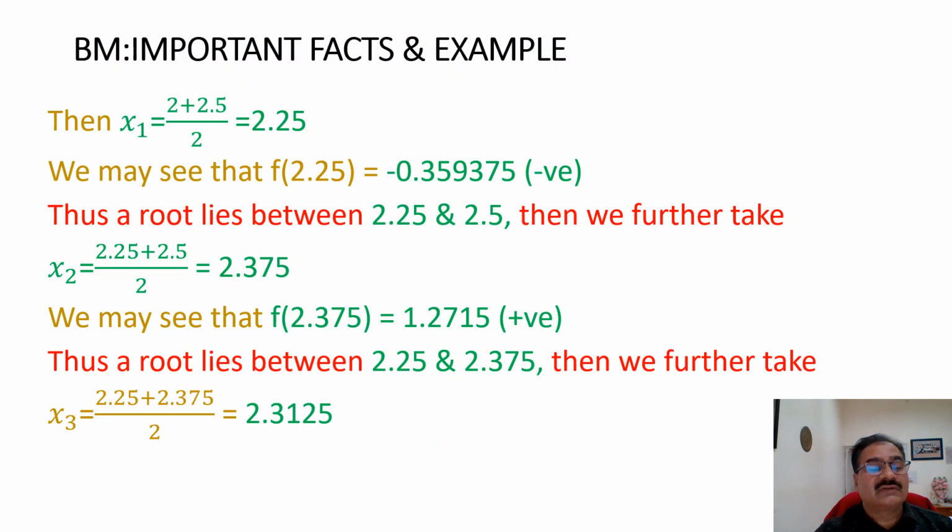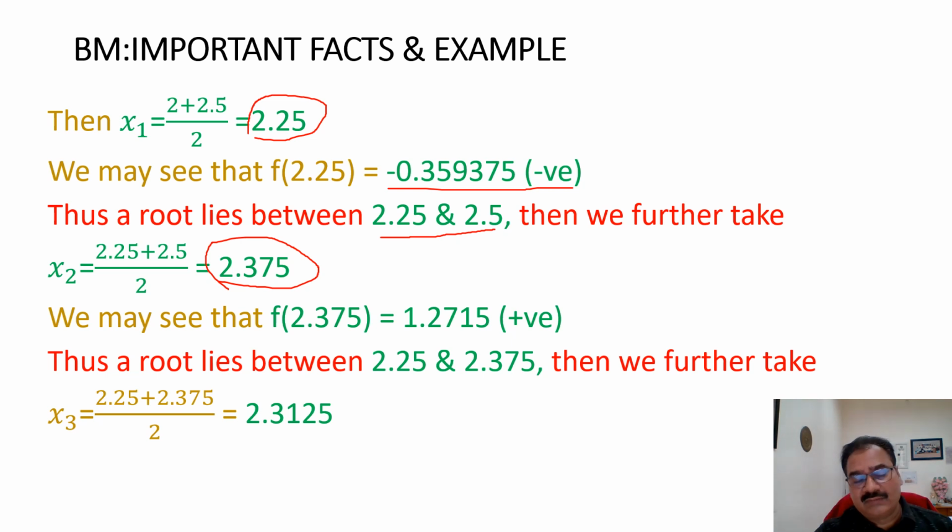Now for the next bisection you can take (2 + 2.5)/2, so the value is 2.25, and we may see that f(2.25) is negative, and the root is lying between 2.25 and 2.5. Now bisect these two and you will get 2.375. Now f(2.375) is 1.2715, which is positive. Thus a root lies between 2.25 and 2.375.